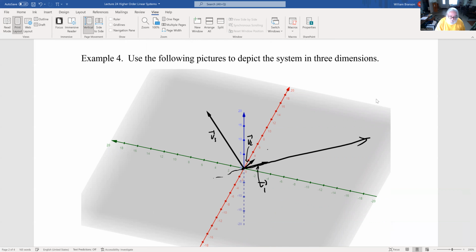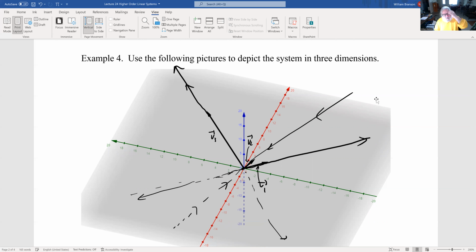And then we have another solution going out underneath the plane in that direction. v3 is also positive, so we have that going out, and then another one going out in the other direction. v2 is a negative eigenvalue, so in fact here we're going in, and that's going in. So that tells us what's going on with the eigenvalues and the eigenvectors.